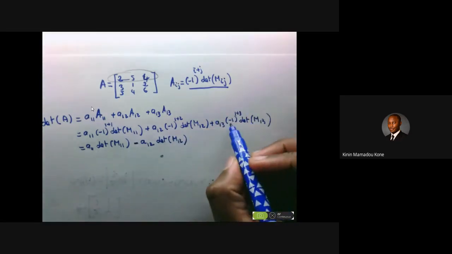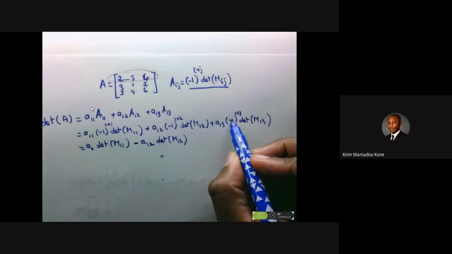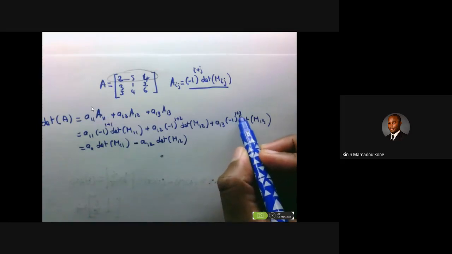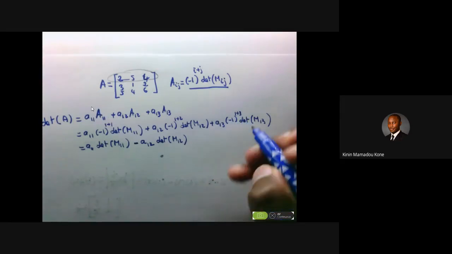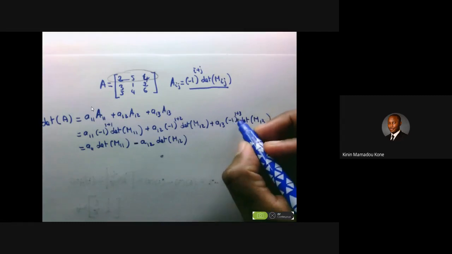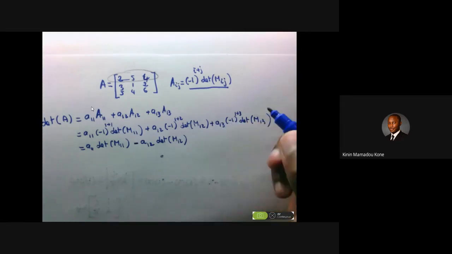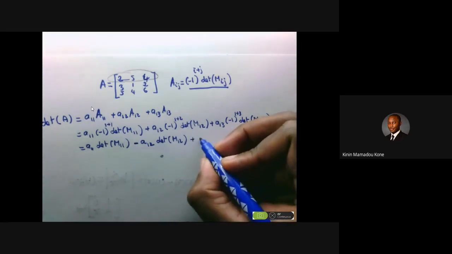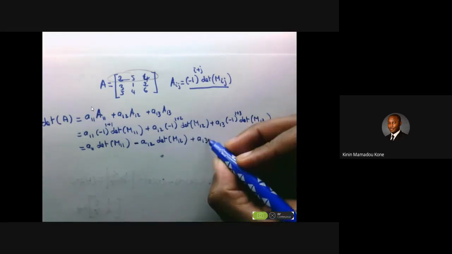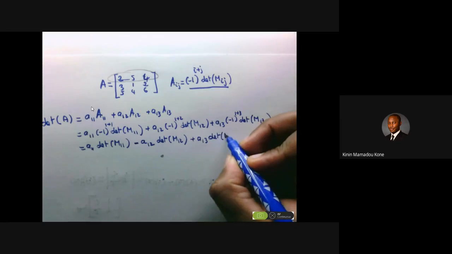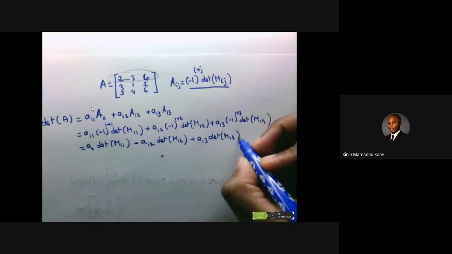And then finally, negative 1 raised to the power 1 plus 3 is 4, so that's going to be positive 1. So A13 multiplied by positive 1 is just A13. So plus A13 times the determinant of M13.